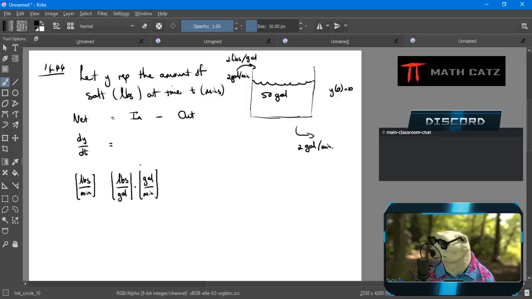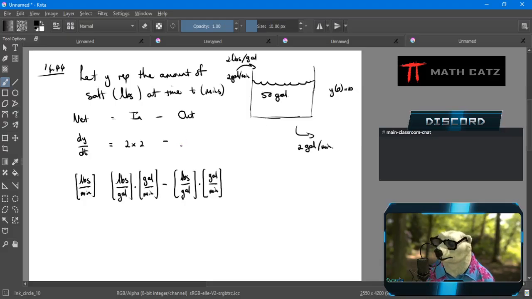So therefore, 2 times 2 pounds per minute minus out will be, well, I need to find the pounds per gallon, and then I'm going to multiply that by the 2 gallons per minute.